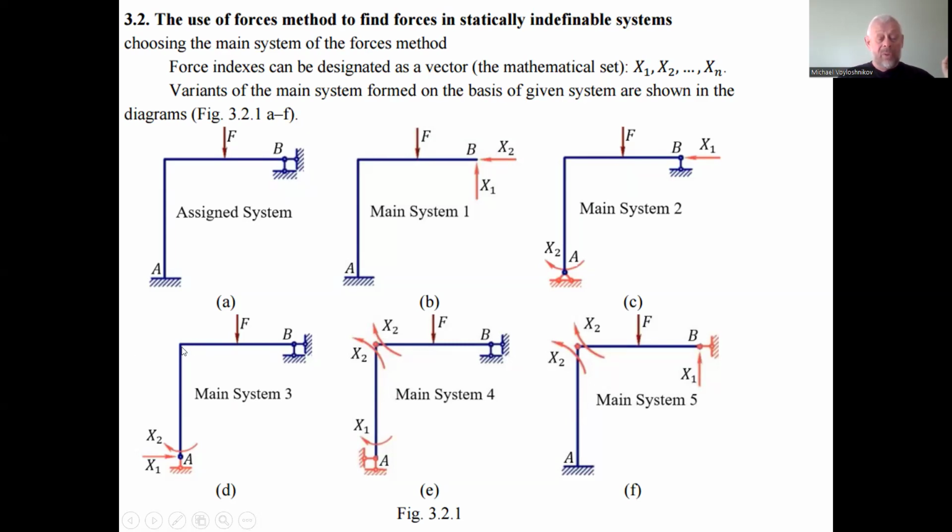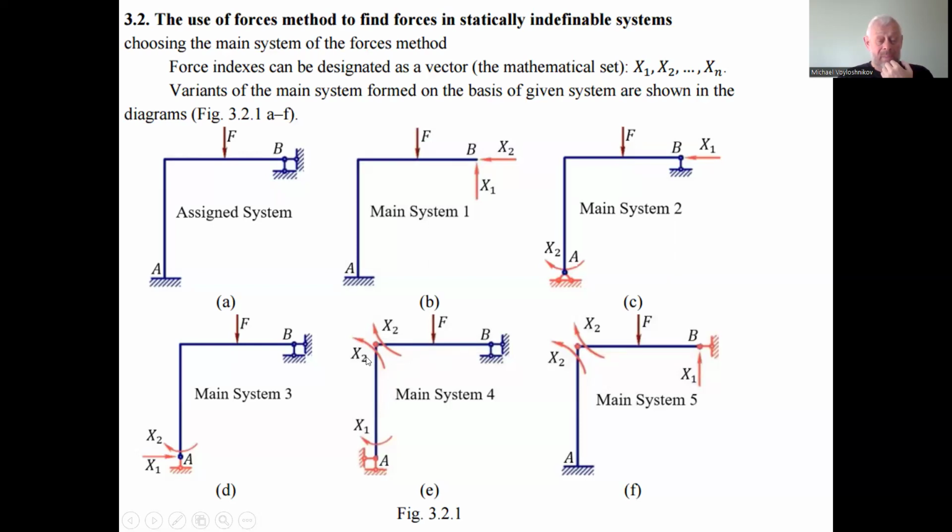The corner will no longer be the rigid corner for this option of the main system, but a hinged corner. Yeah, just like a truss we have now, and it is the node of the truss. And we substitute this joint by the rotation moment instead of the removed rigid property of this corner.